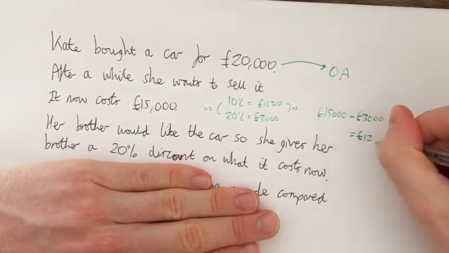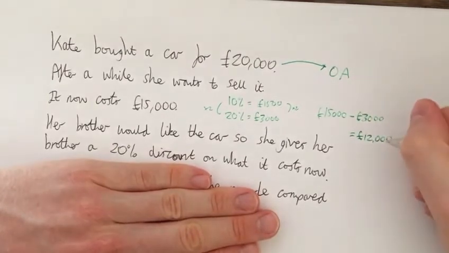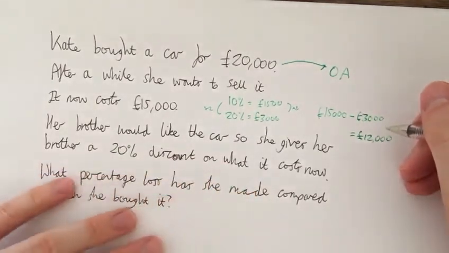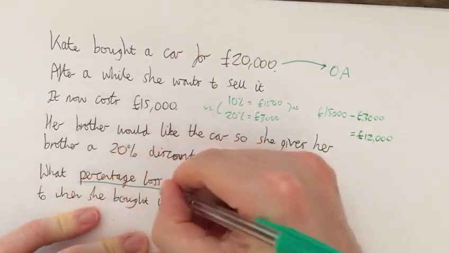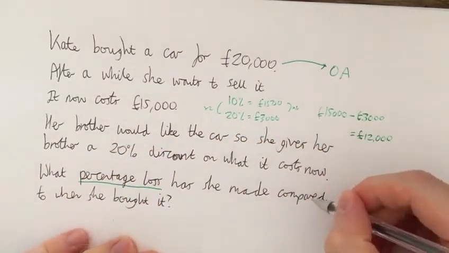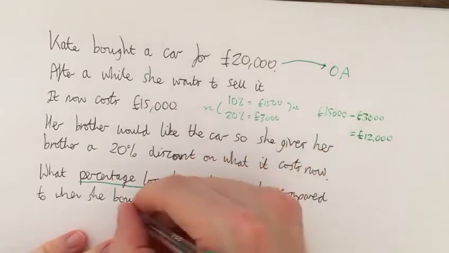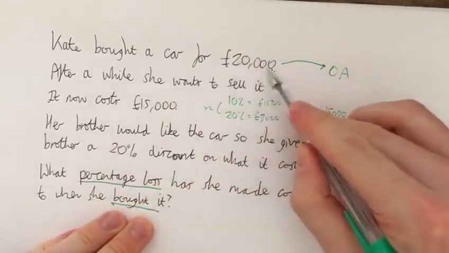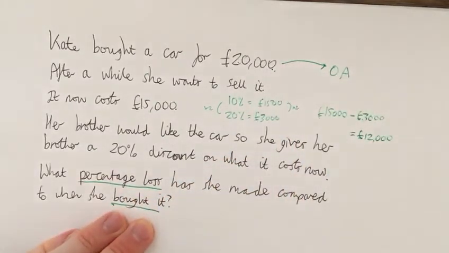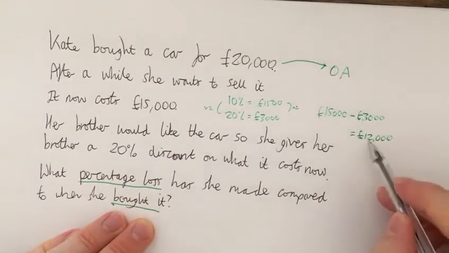So that means we're on to £12,000. What percentage loss has she made compared to when she first bought it? So she bought it at £20,000. Now we've just worked out, if she sold it to her brother, she sold it at £12,000.